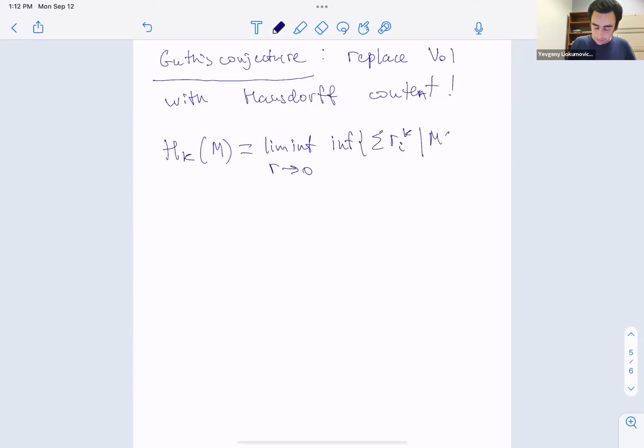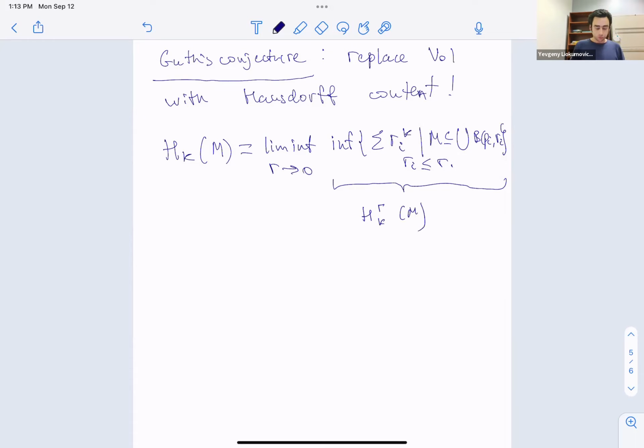So M is contained in the union of balls B(p_i, r_i), and all of the balls have radius less or equal than R. Okay, so let's give a name to this quantity, the infimum of the sum of radii to the power of k of all balls, where the radii are at most R. Let's call it H_R^k.